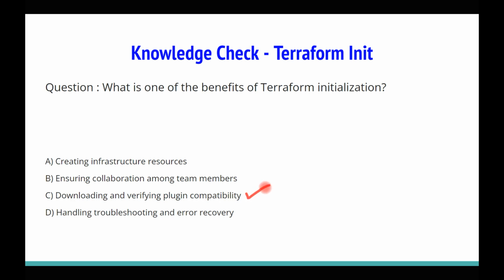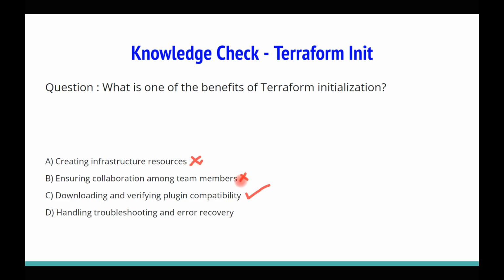Why is this the correct answer? Because Terraform initialization downloads and verifies the compatibility of plugins for your infrastructure configuration, which ensures that the correct versions of plugins are available for resource provisioning. If we talk about option A, why is it not correct? Because initialization alone will not create any resources.